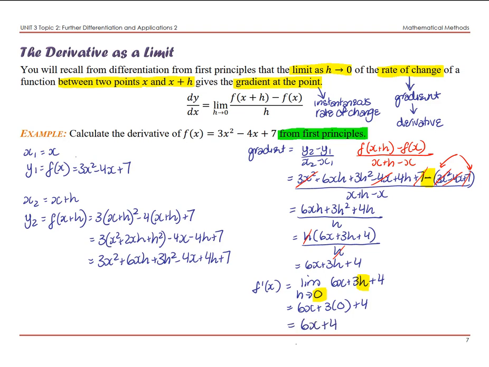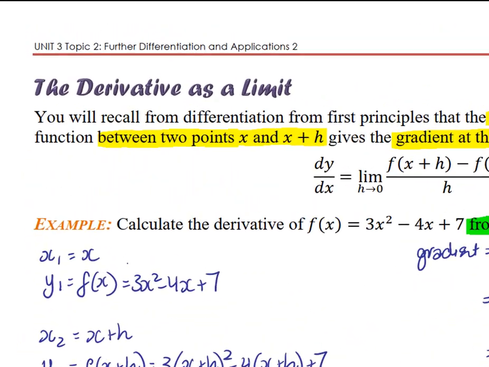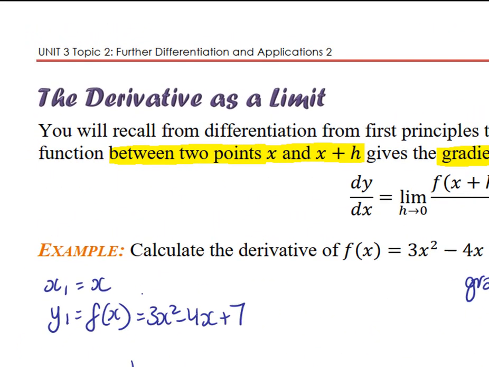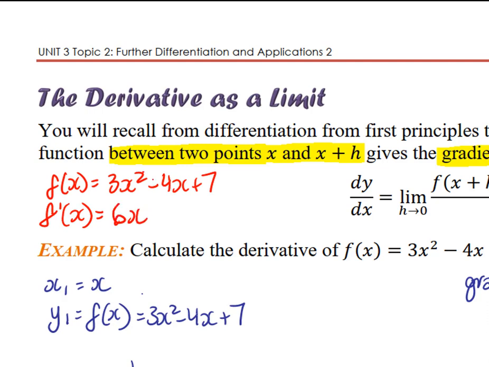And because you know the shortcut to differentiate, you know that that's the answer, right? Because we had f of x equals 3x squared minus 4x plus 7. The derivative is 3 times 2 is 6x. Reduce your power by 1, so it becomes x to the 1, minus 4, and it would be x to the 0, so it's just 4, right?